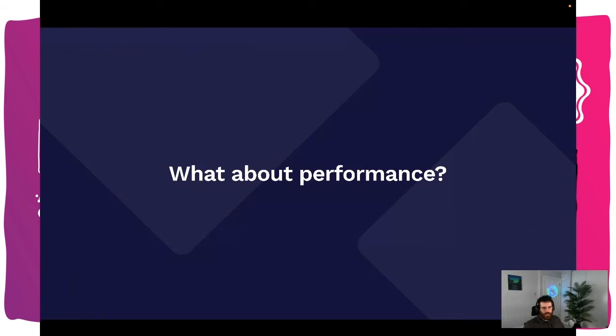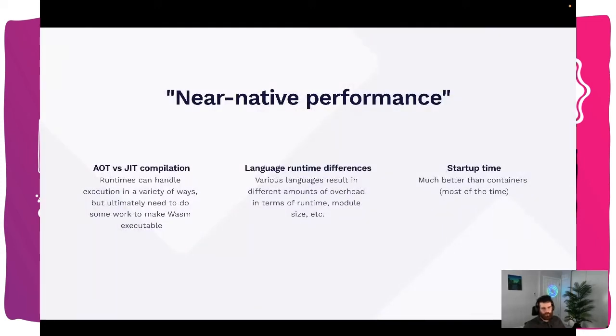So let's touch on performance. When we, as people who work with WebAssembly, talk about performance, we often use the term near native performance. This is something that gets thrown around, but there's absolutely some nuance to it. The promise of WebAssembly is that you should be able to compile your code and execute it in the secure sandbox with near native performance.